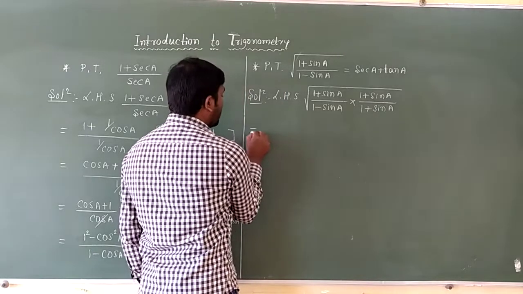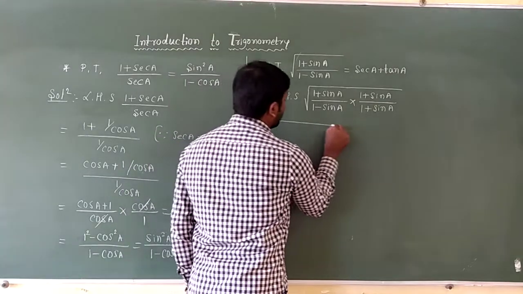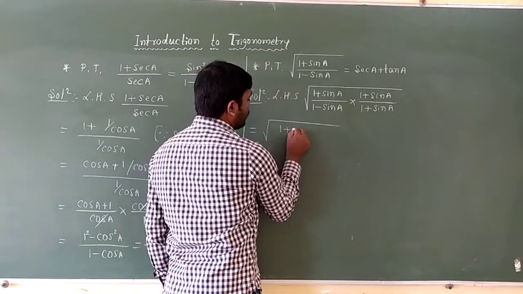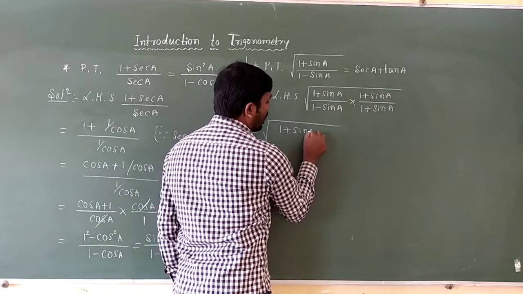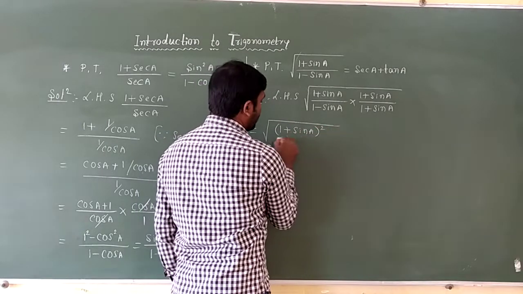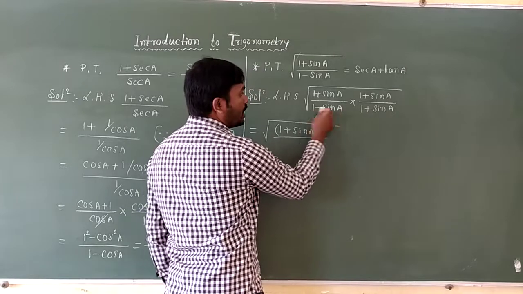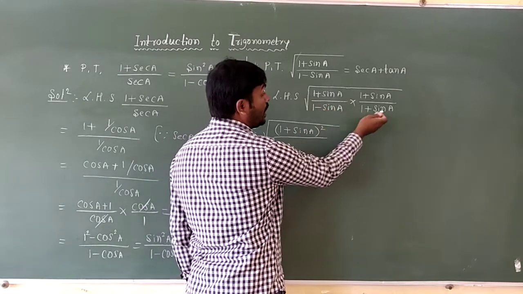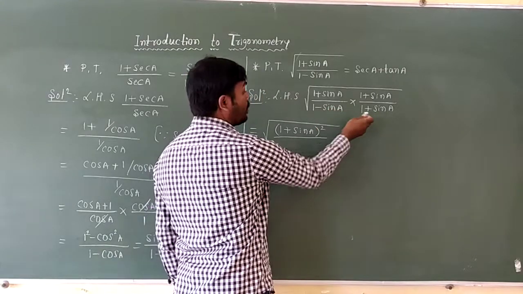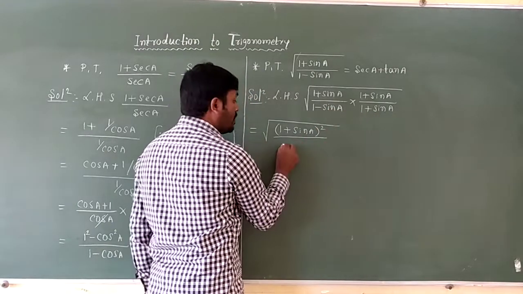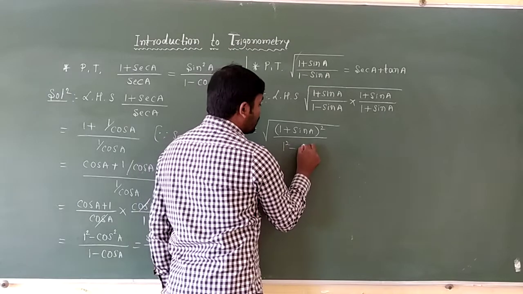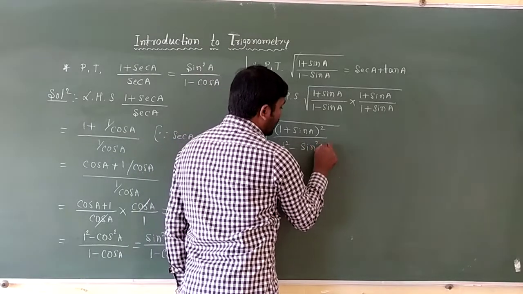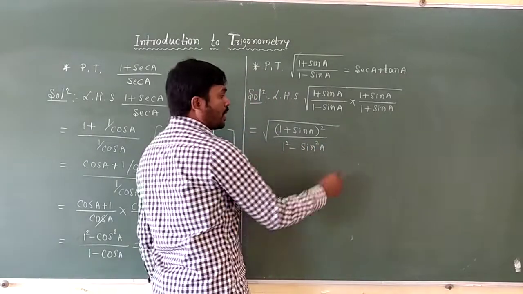We know that (a plus b) into (a plus b) is (a plus b) whole square. So (1 plus sin a) whole square, whole divided by, it is in the form of (a minus b) into (a plus b), which is a square minus b square. So 1 square minus sin square a.